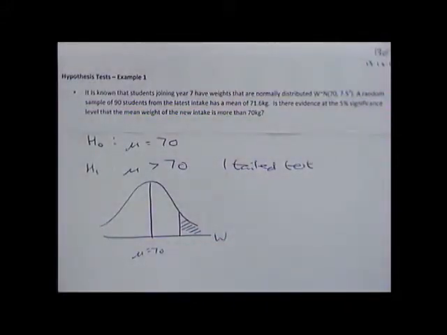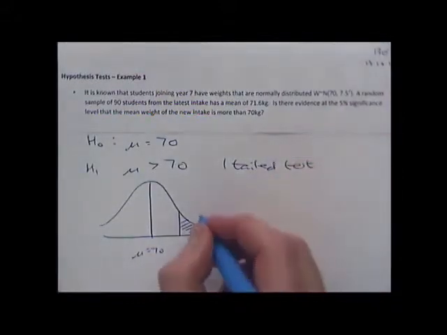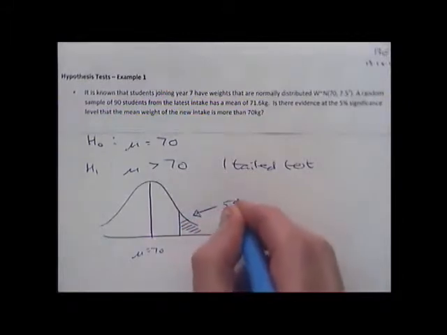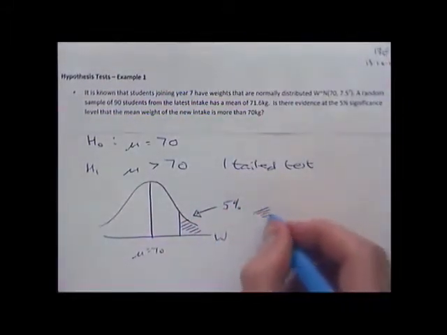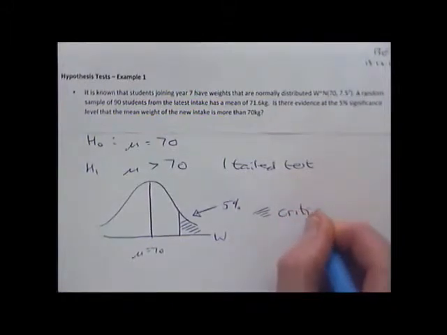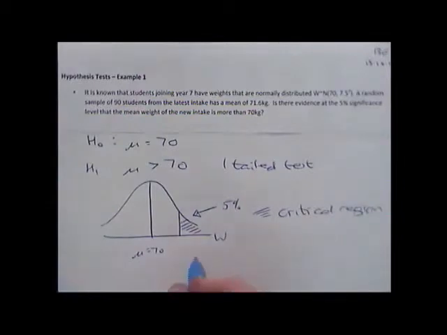And what probability is associated with this critical region? 5% from the question. There's going to be 5% in there. So that shaded area there we are going to refer to as our critical region, and it is going to start at C, where C is the critical value.